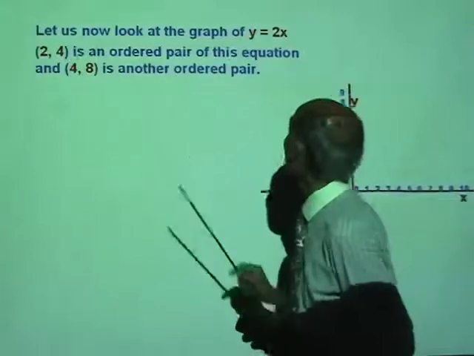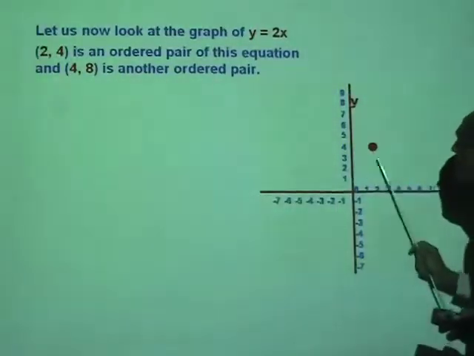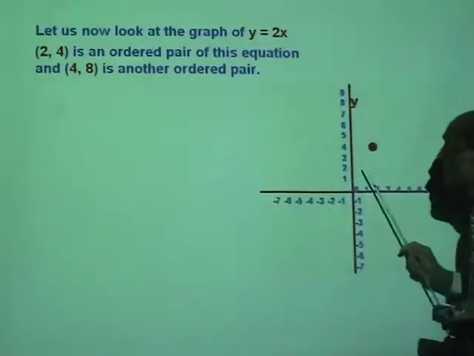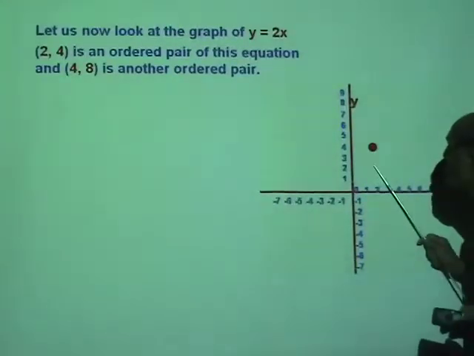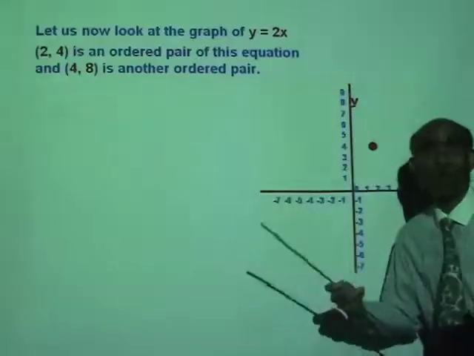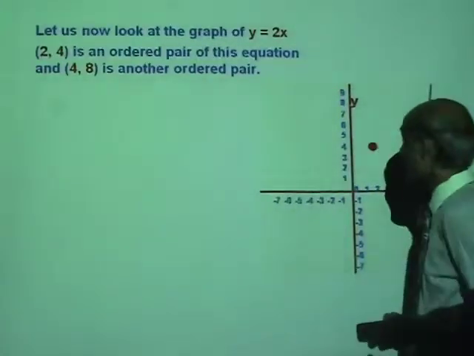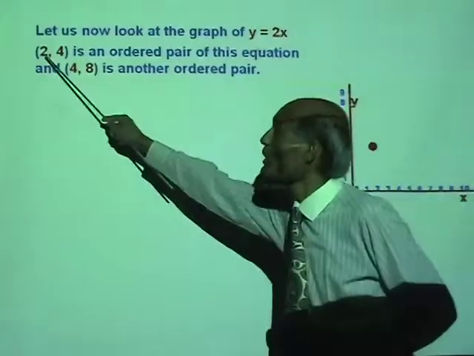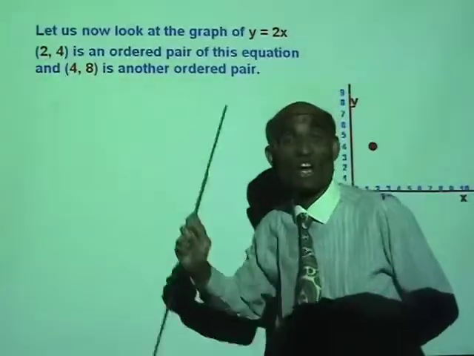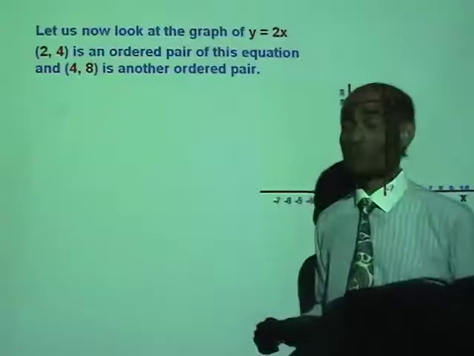Let's mark this point, 2, 4. There you are. What does it mean? It means you have walked 2 kilometers and you have collected $4. So you are at that point.